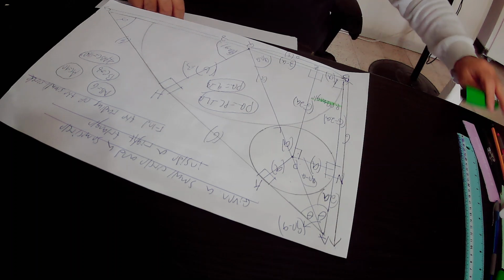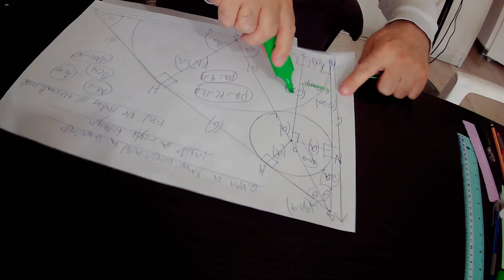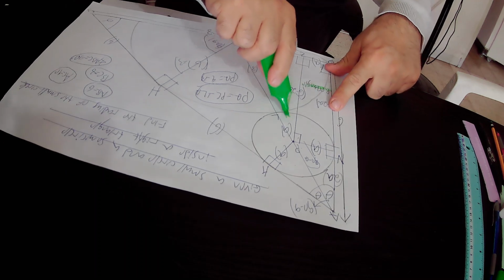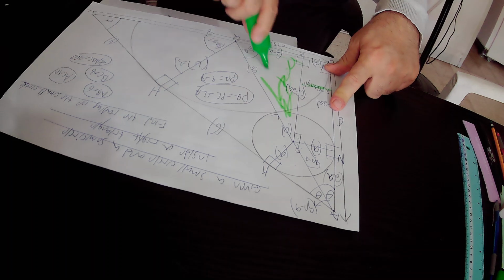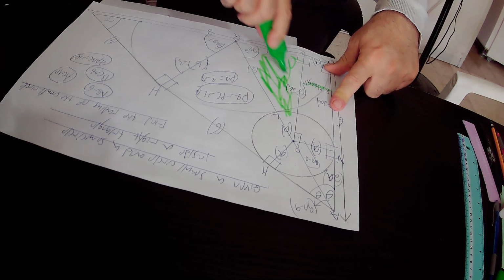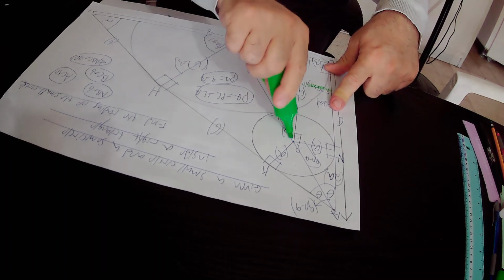In the next step, I'll copy this right green triangle PZQ in a new page, and we will implement the Pythagoras theorem on this right green triangle PZQ.